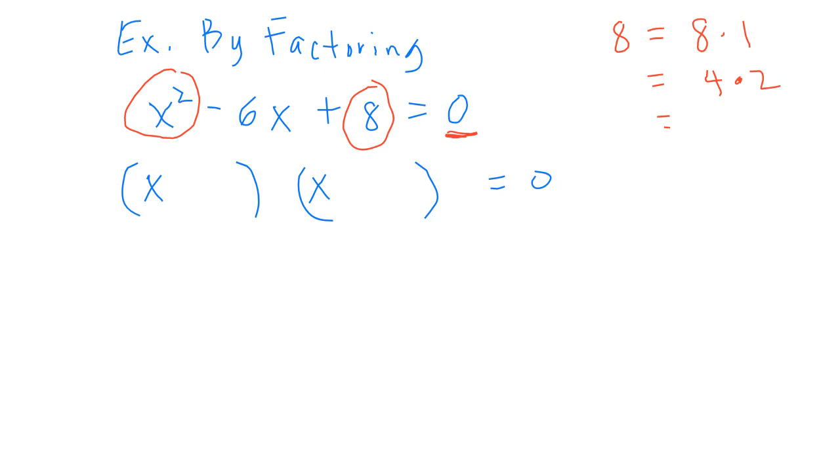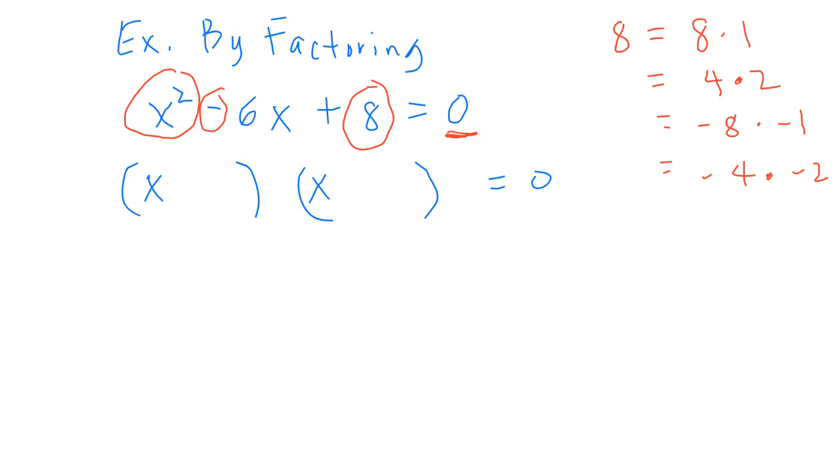And then since the middle term is a negative, you have to consider also the negative factors of 8. So you say negative 8 times negative 1, that's positive 8, similar to the next one.